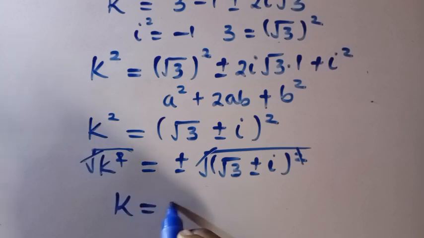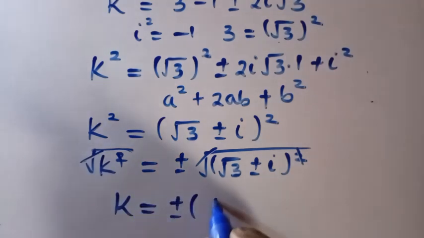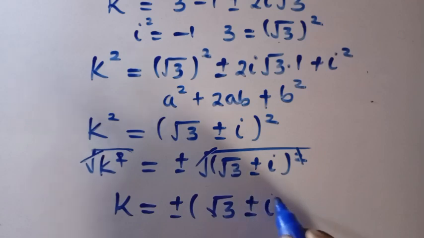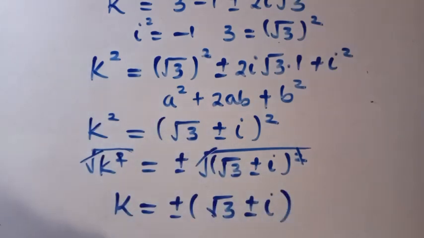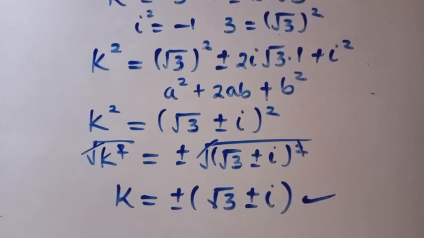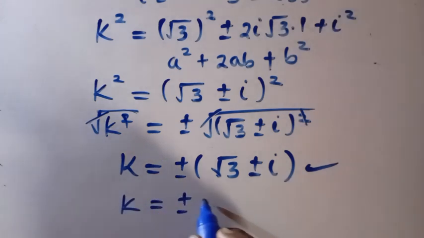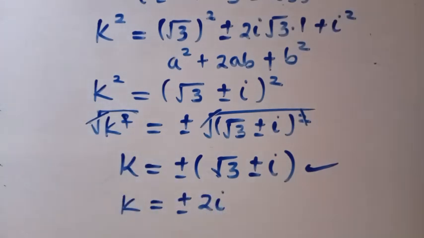Our k here equals plus or minus, open bracket, square root of 3 plus or minus i. And this makes a complete 4 solutions, plus the ones we got above, which is plus or minus 2i. All these are complex solutions.